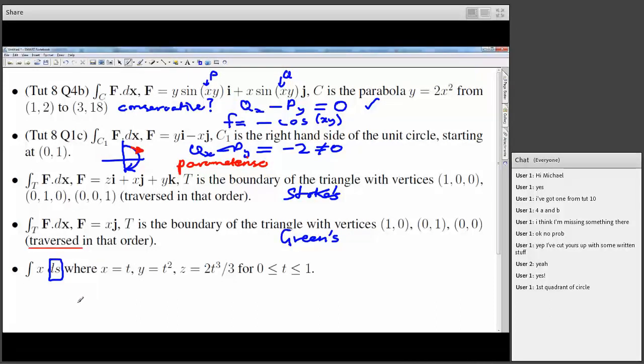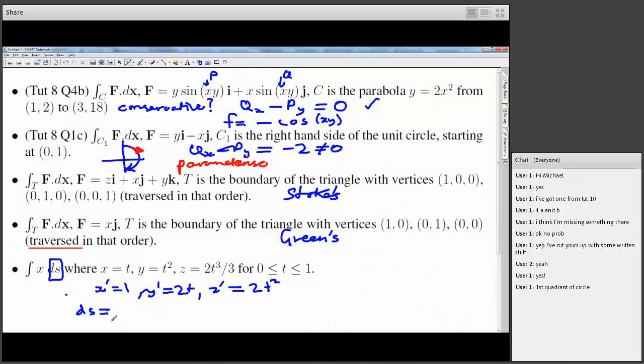You really are forced to do parameterizations for these sort of questions, and you need to work out derivatives, essentially. So x dash is 1, y dash is 2t, z dash is 2t squared. Now, we've got a differential of ds here.